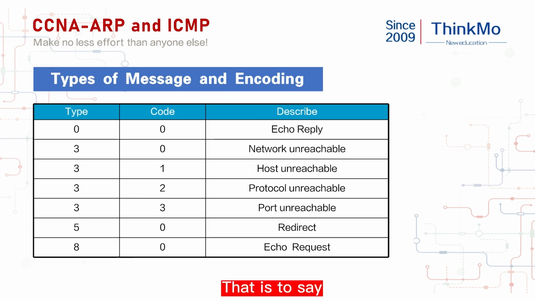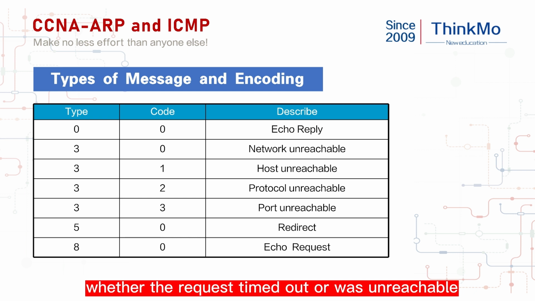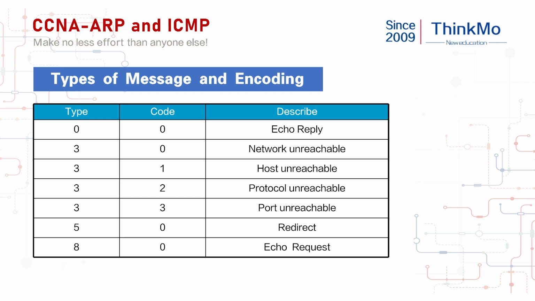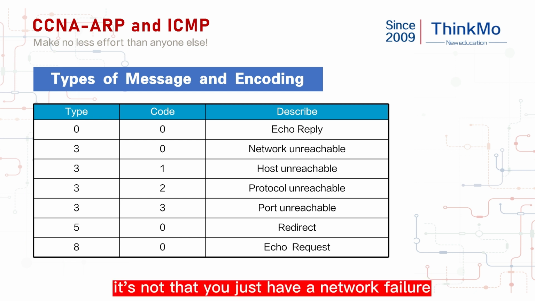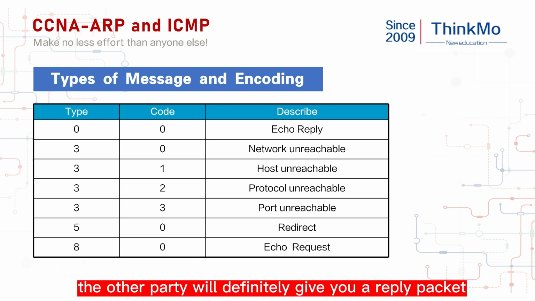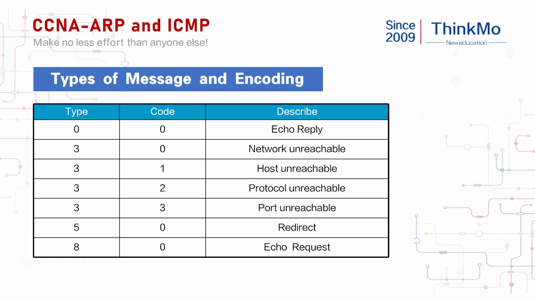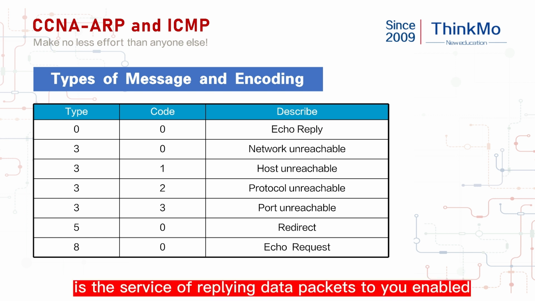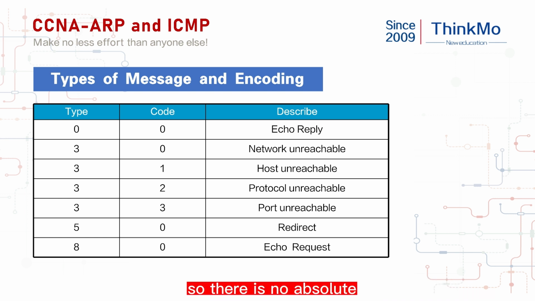That is to say, whether the request timed out or was unreachable, it's not that you just have a network failure. The other party will not definitely give you a reply packet. It depends on the other party: is the service of replying data packets to you enabled? So there is no absolute. In many scenarios, for safety, it may not reply. If this feature is enabled, it can reply.